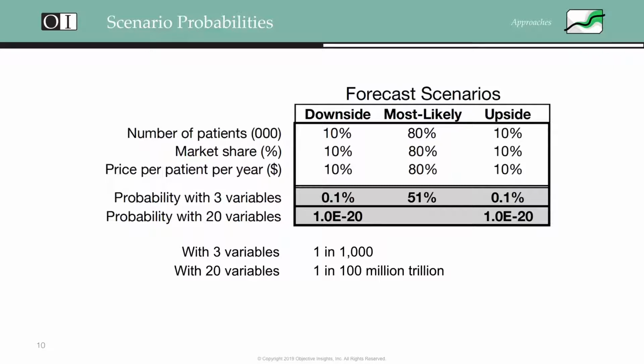If we multiply down each column, the downside case has a 0.1% chance of happening. And the same with the upside case, 0.1%. And that's with 3 variables. If we put in 20 variables, the upside and downside case would have a 1 in 100 million trillion chance of occurring.